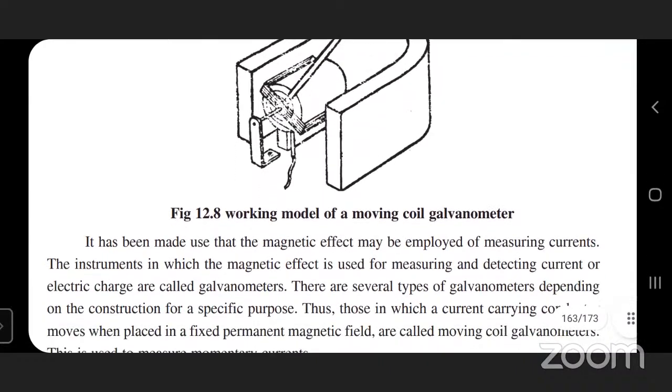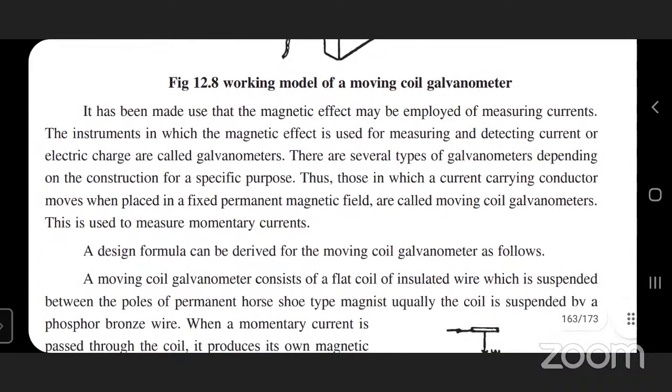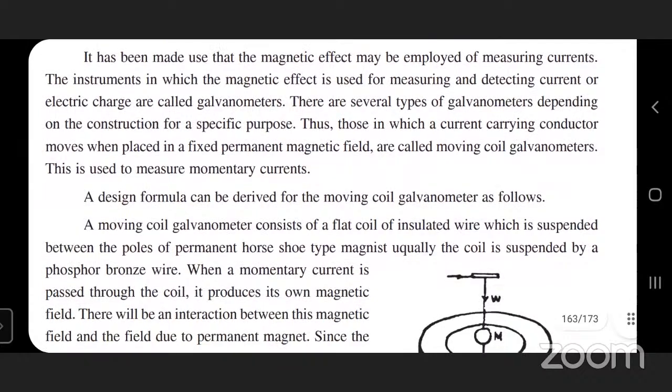This is also a question here. A galvanometer is an instrument that uses the magnetic effect to measure and detect a current or an electric charge. There are several types of galvanometer, depending on the construction for a specific purpose. A current carrying conductor placed in a fixed permanent magnetic field moves, which is called the moving coil galvanometer.